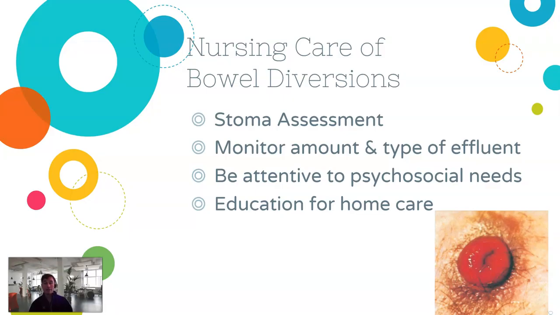Other highly flatulent foods such as eggs, melons, asparagus, and broccoli are all things that we want to educate our patients on. We want them to chew foods well to prevent any type of blockage or buildup in the stoma area.